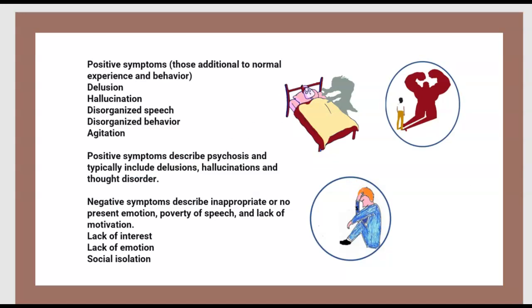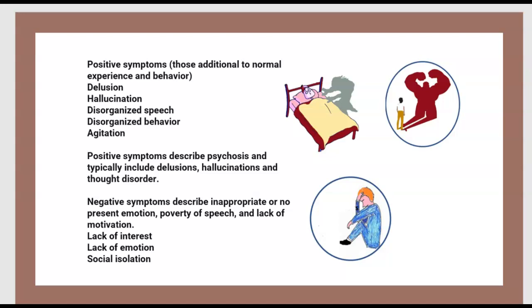Positive symptoms are those additional to normal experience and behavior: delusion, hallucination, disorganized speech, disorganized behavior, and agitation. Positive symptoms describe psychosis and typically include delusion, hallucination, and thought disorder.